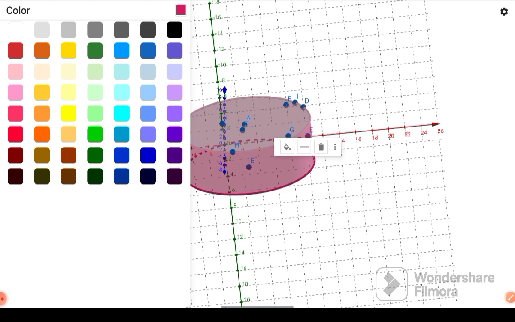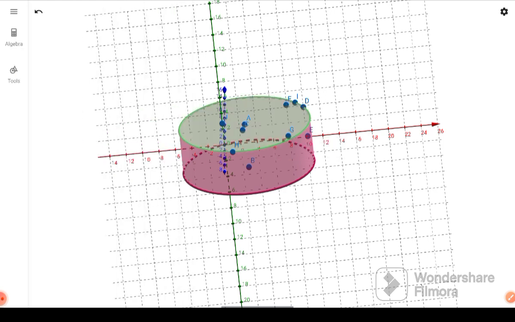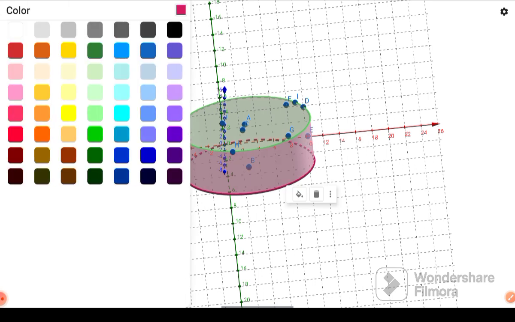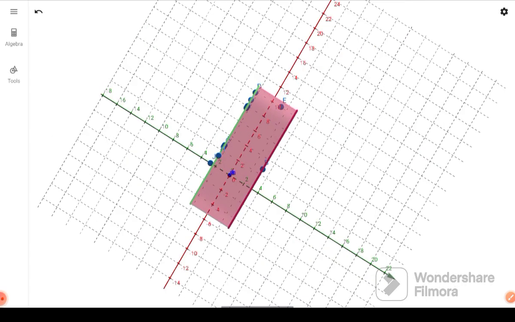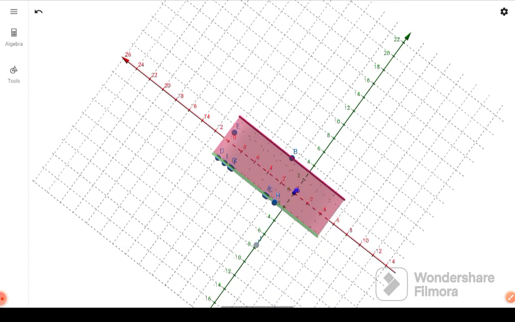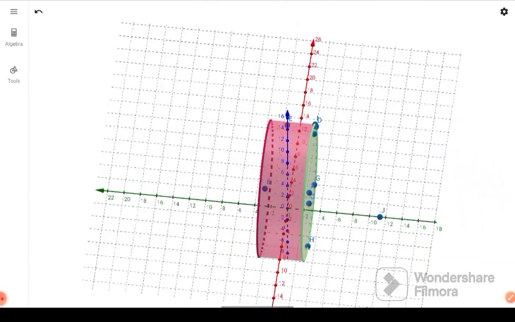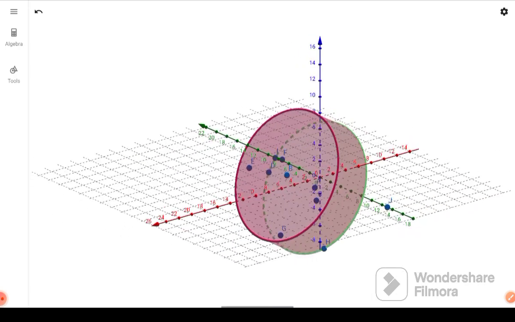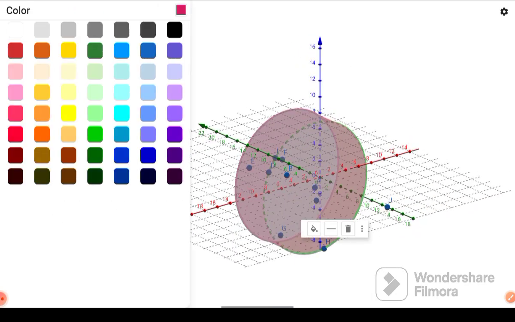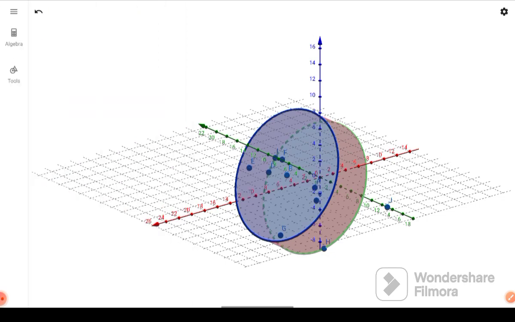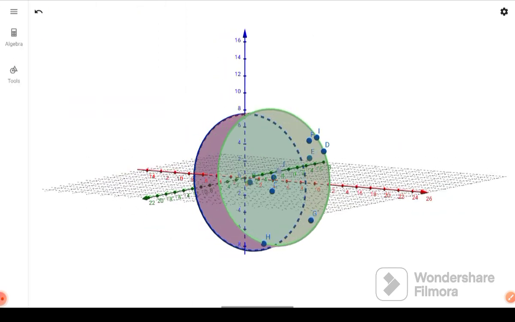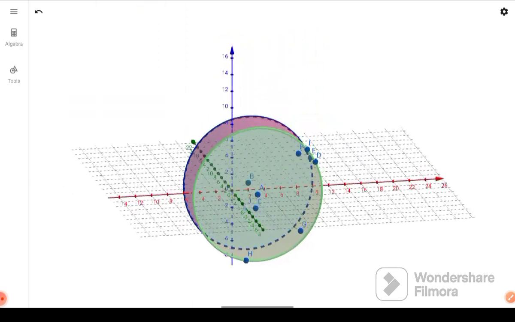Fine, so I can highlight the top surface. Yes, this is the top and this is the bottom surface. You can see this top and bottom, right? This bottom surface I have taken, color is suppose blue. Yes, the one is blue and this side is green, blue and green.